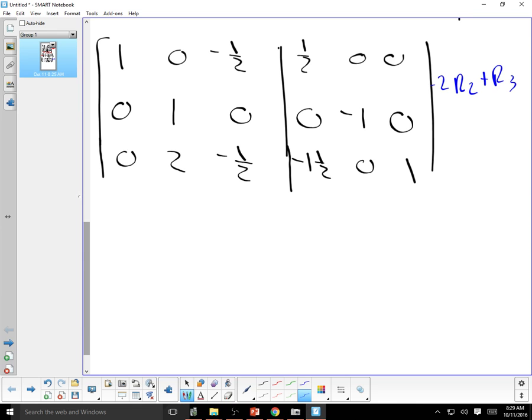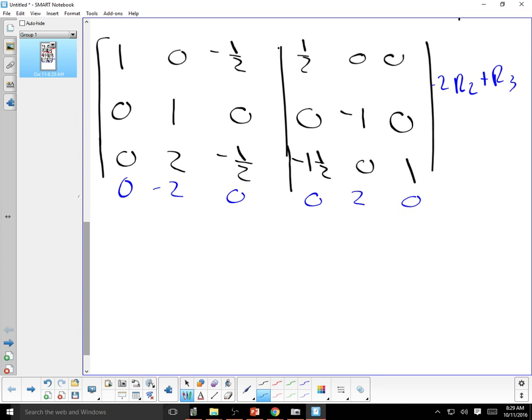Will that work? All right, so that's 0, negative 2, 0, 0, positive 2, 0.